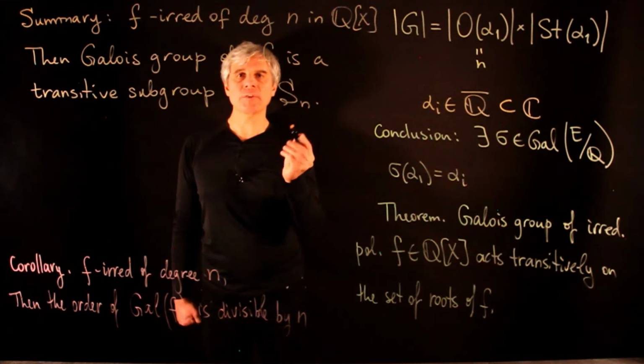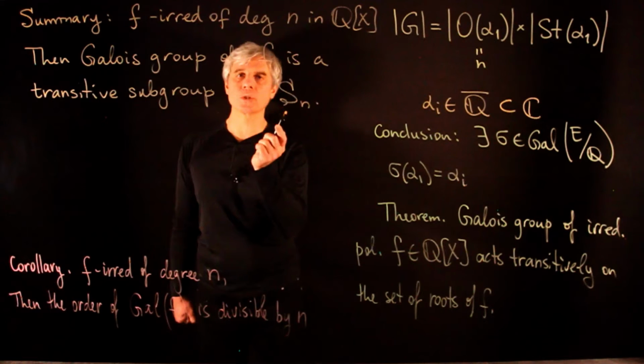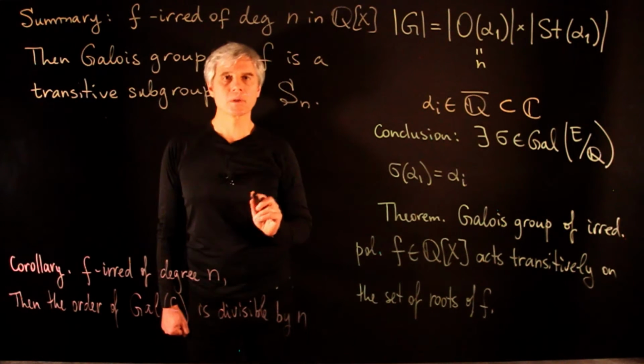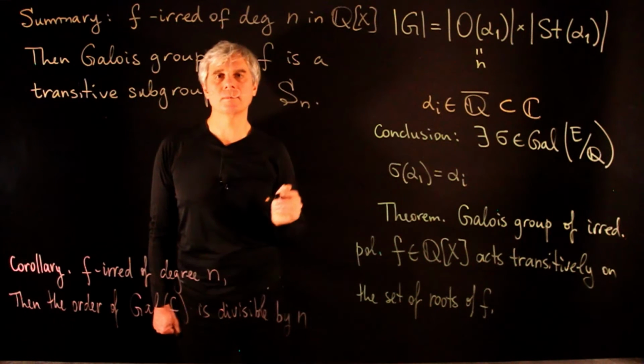Clearly, the action of any element of the Galois group is determined by what it does to the roots of the polynomial f. So any element of the Galois group may be viewed as a permutation.